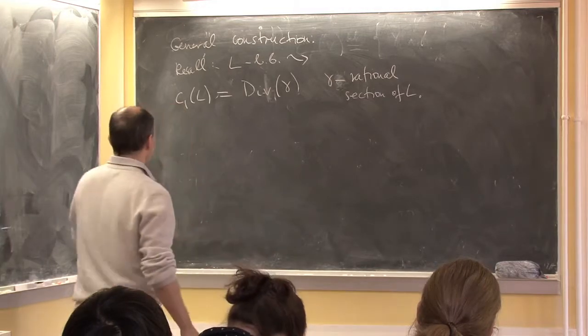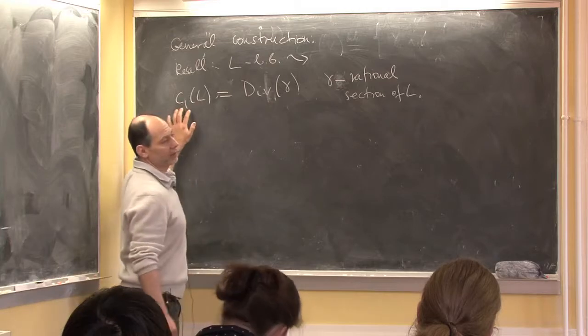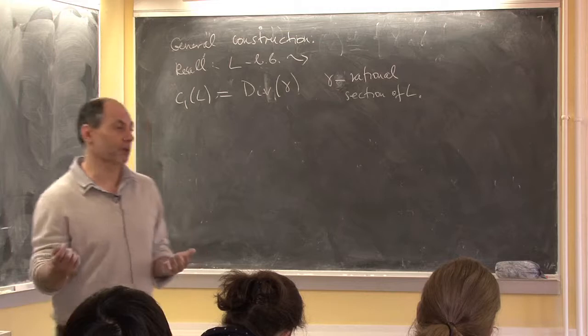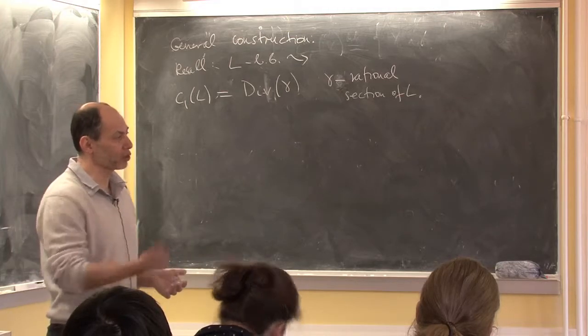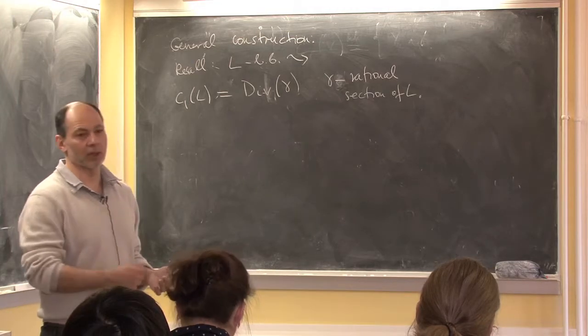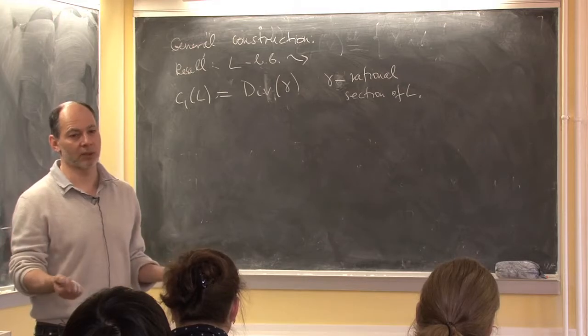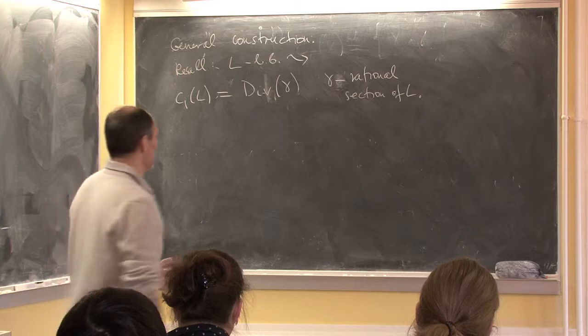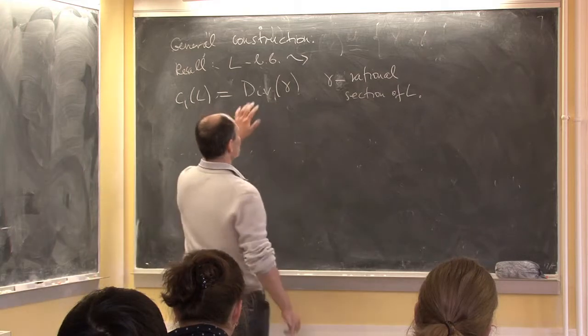So remember, we do have a definition of c_i, for c2 for example, for high rank bundles, but if there is a section. But if there's no section, I would have to say what a rational section of a rank 2 bundle is. And this is not so clear what that would mean, because we cannot divide anymore. In order to say something is rational, you have to be able to divide.